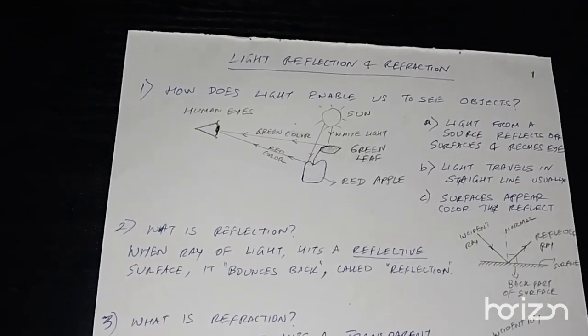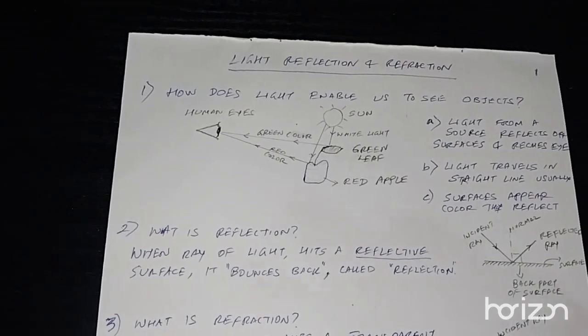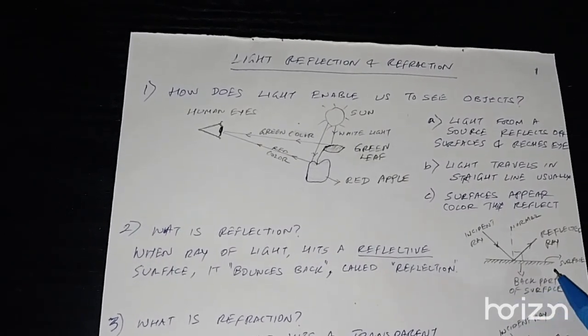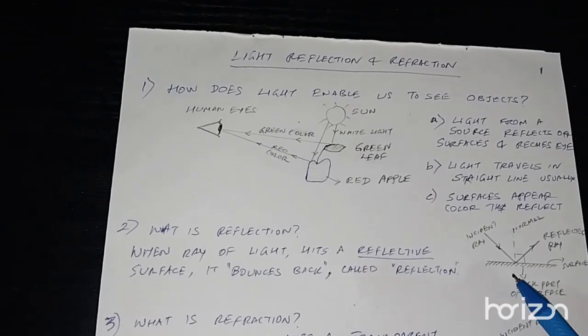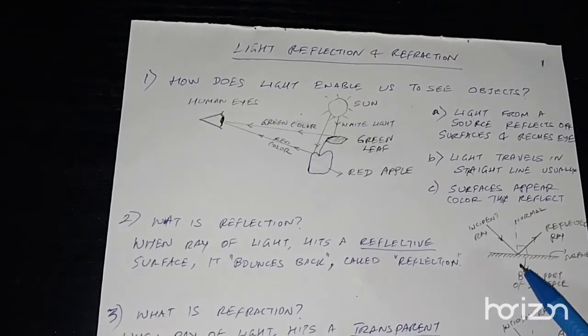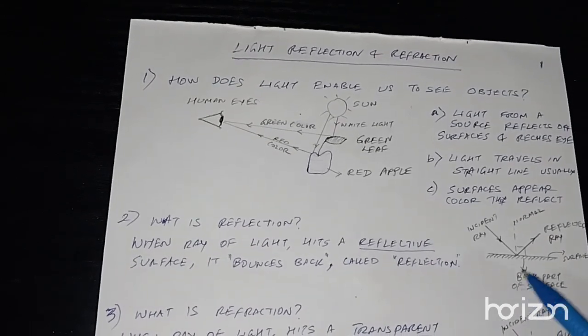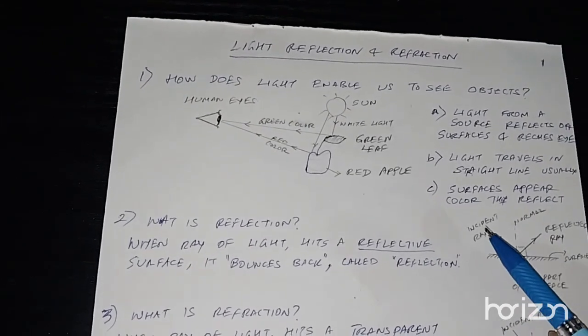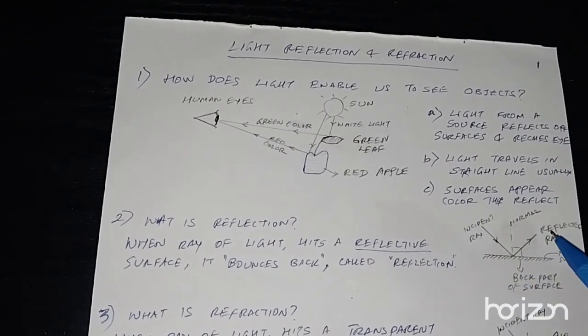So opaque surfaces are shown by these small dashes here, right? So the bottom surface is non reflective. Only the top surface, which is smooth, is reflective. Okay, the bottom surface is opaque. So when a ray hits this surface like this, it bounces back.